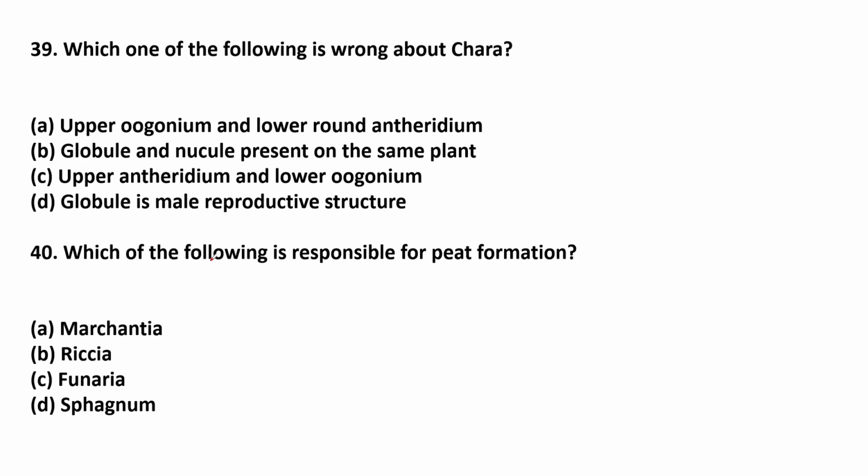Next, which one of the following is wrong about Chara? Options: upper oogonium and lower antheridium; globule and nucule present on the same plant; upper antheridium and lower oogonium. Globule is the male reproductive structure, so it is upper antheridium and lower oogonium that is stated correctly.